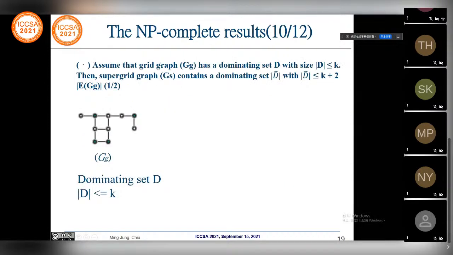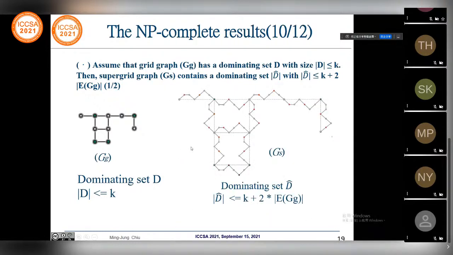Assume we have a gridded graph with the dominating set D, the size of D less than or equal to k. Then we use the way we have done before to turn the gridded graph into a supergridded graph, with the dominating set D hat.